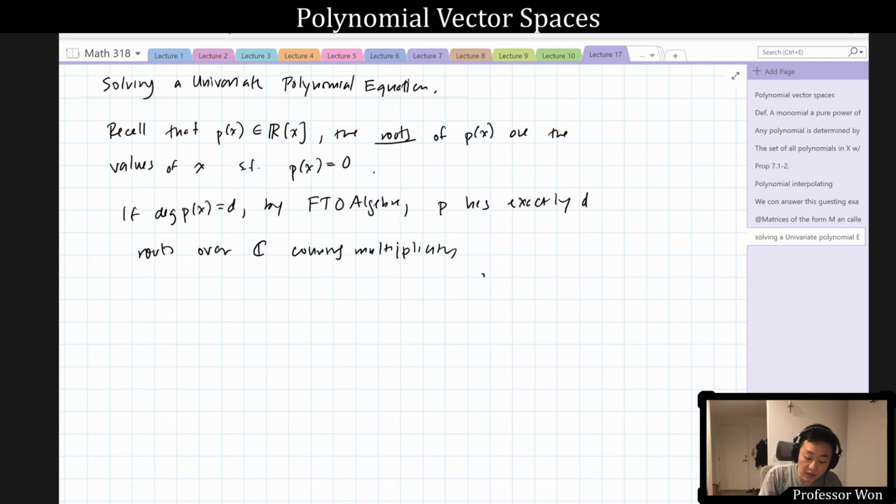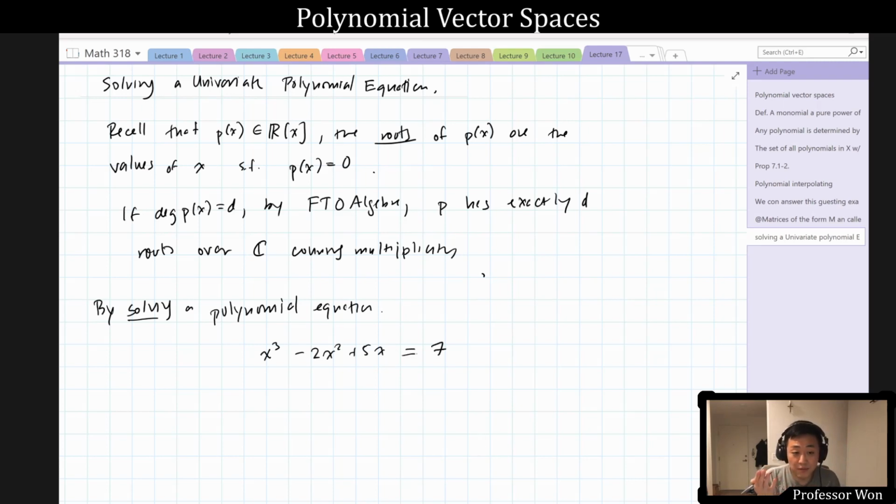And so by solving a polynomial equation, what you really mean is solving some equation that looks like x cubed minus 2x squared plus 5x equals 7.